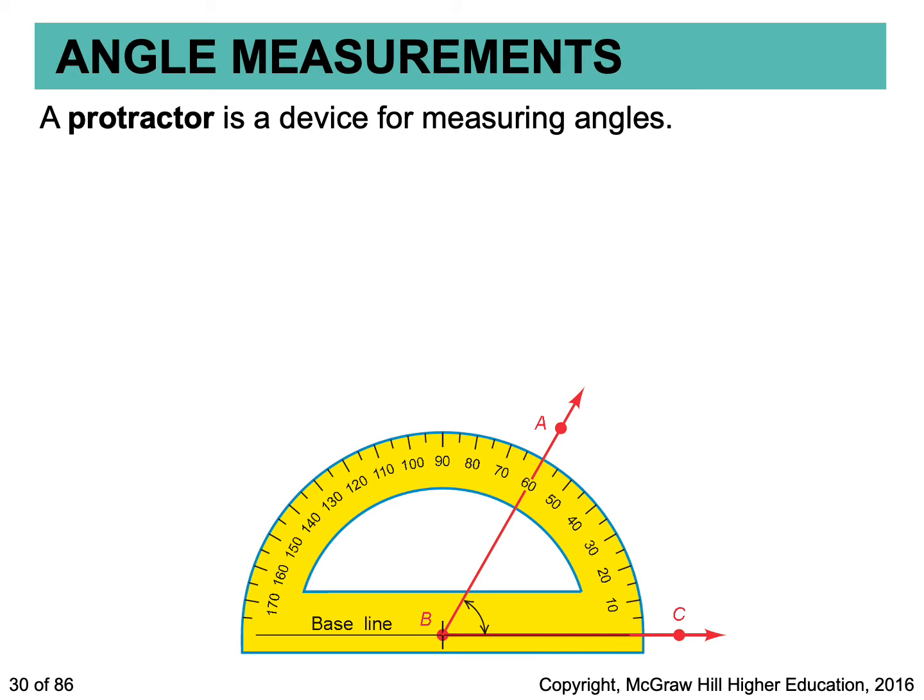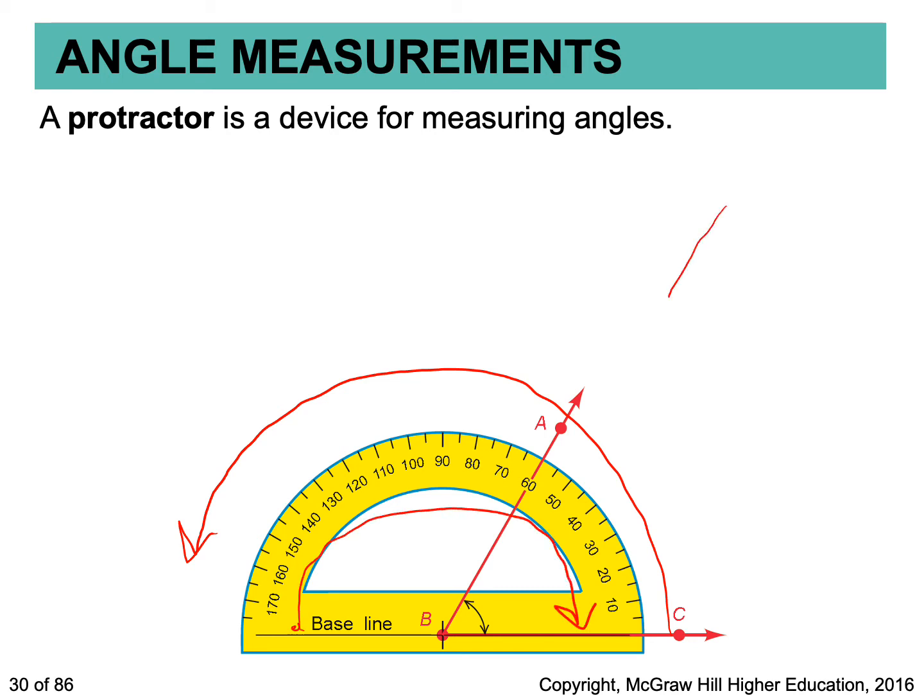And a lot of protractors you'll see will have numbers across the top going from 0 to 180 in that direction. And then you'll also see some that have numbers at the bottom that go from 0 to 180 in the opposite direction. And that's so that you can measure angles no matter what direction they're facing.